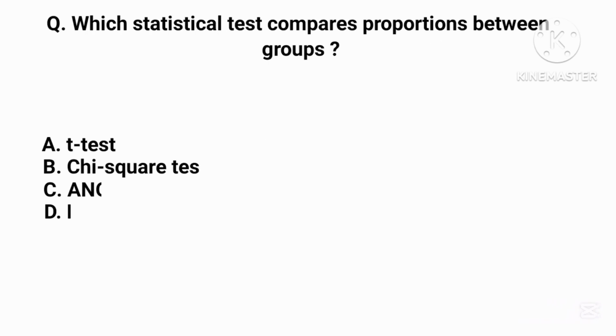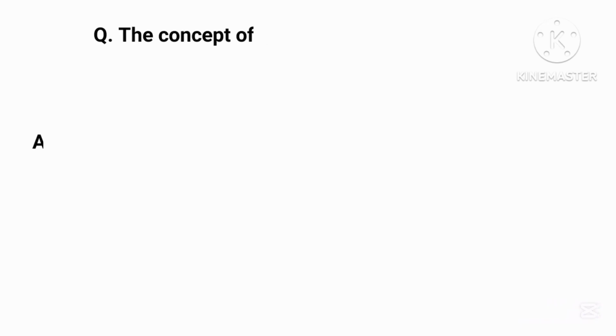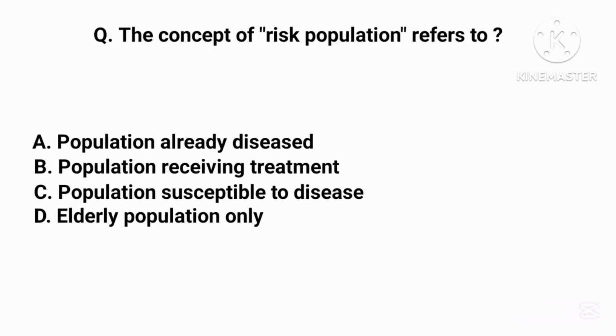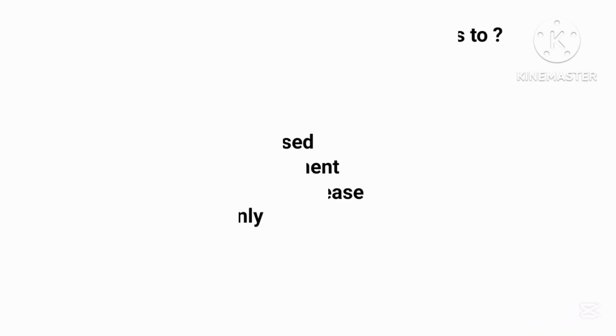Which statistical test compares proportions between groups? Correct answer is option C, chi-square test. The concept of risk population refers to. Correct answer is option C, population susceptible to disease.